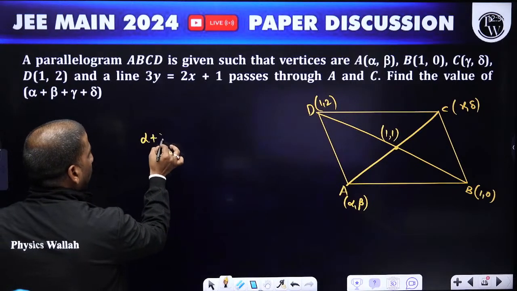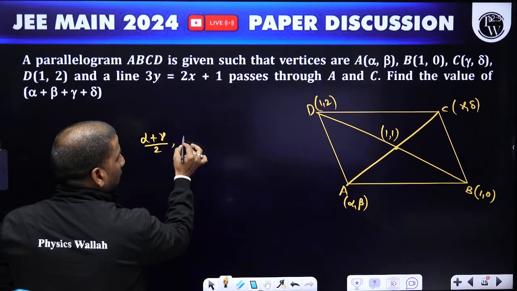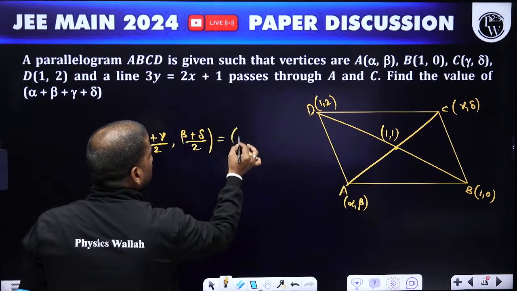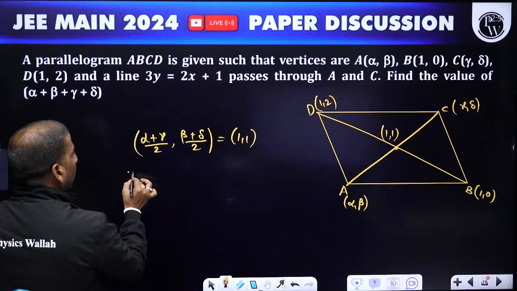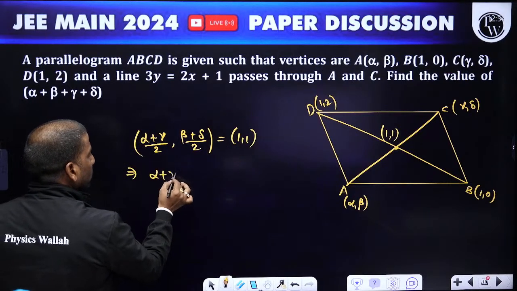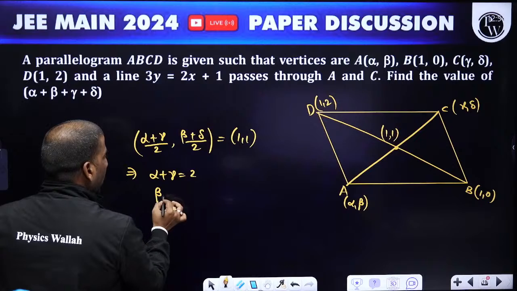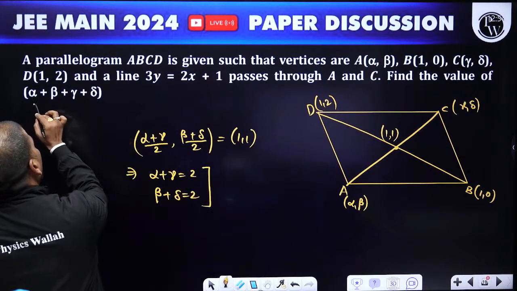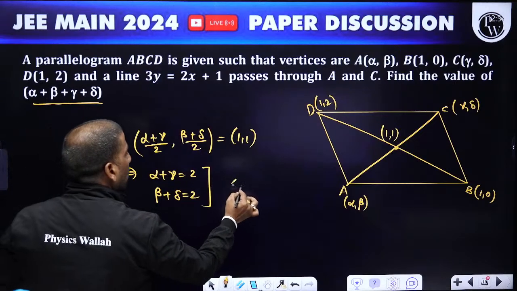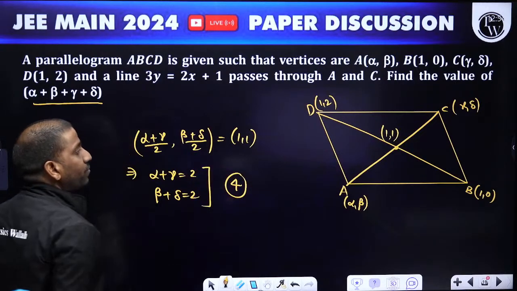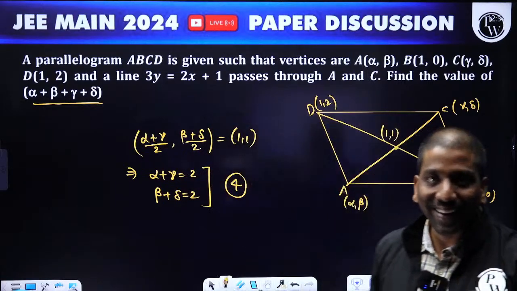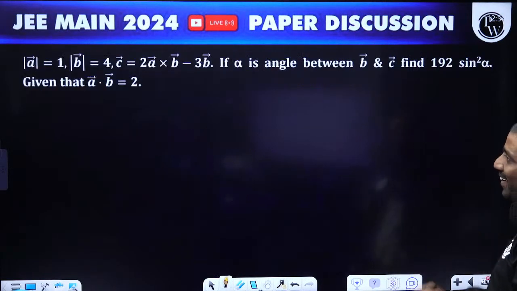Alpha plus gamma by 2 and beta plus delta by 2. So how easy this is, nothing required, right? So that means alpha plus gamma is equal to 2, beta plus delta is also 2. If you want to add both, alpha plus beta plus gamma plus delta, answer will be 4. How simple it is, using elementary coordinate geometry.